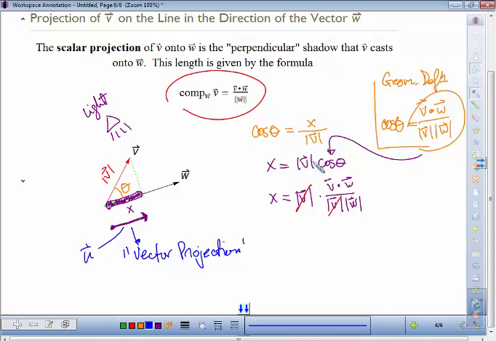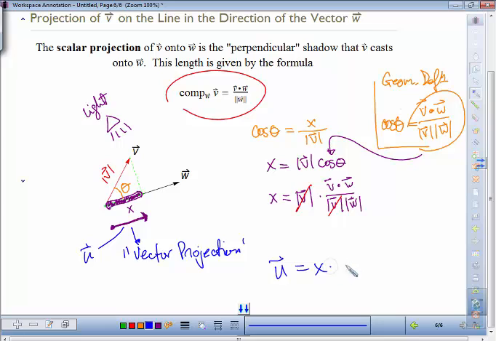So could we do vector v is equal to x times the vector W divided by the magnitude of W? So x is a scalar. It's given by this thing, right?